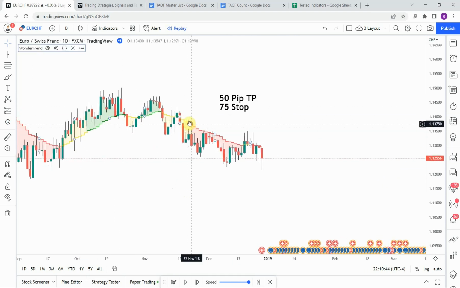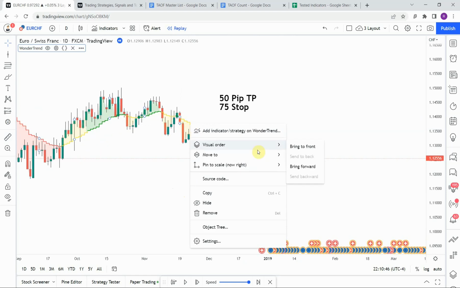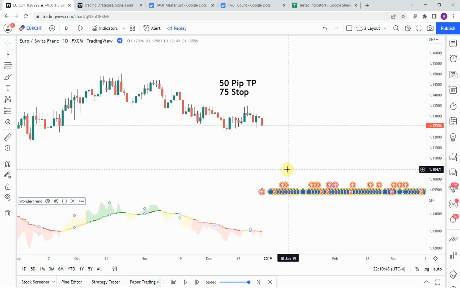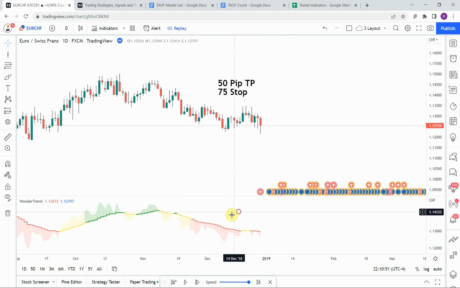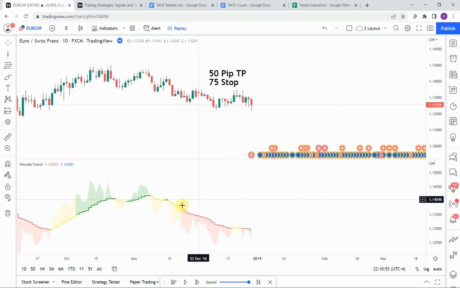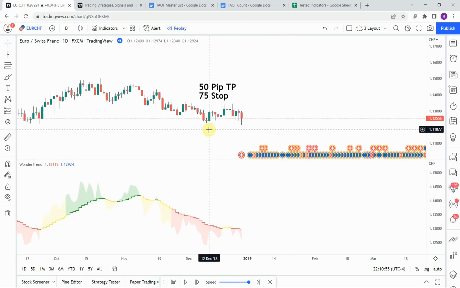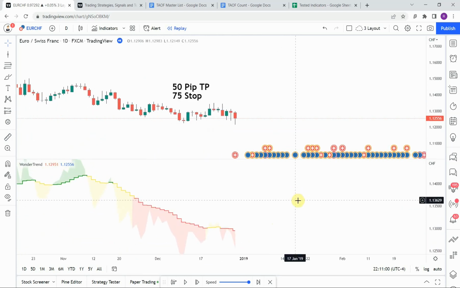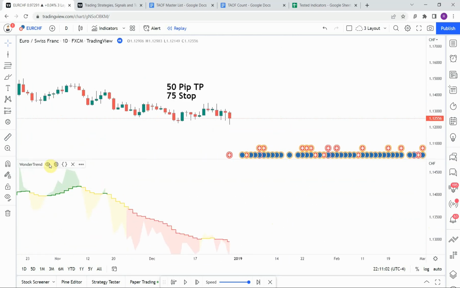Let's see if we can actually move this to a new pane below. Sometimes it's easier. Yeah, there we go. Instead of it being shoved right up into price action, where sometimes it can be hard to see these very small shifts in the color, we can put it down here.